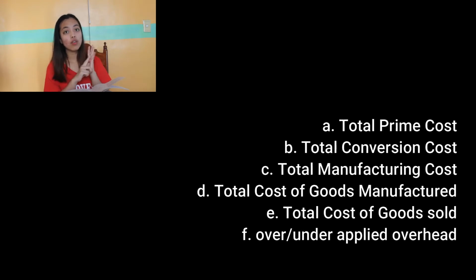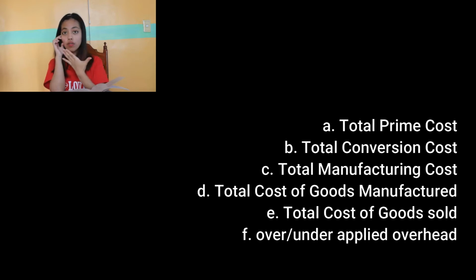Then, total cost of goods manufactured: this is our total manufacturing costs, add total beginning inventory and deduct the ending inventory of the work in process to get the total cost of goods manufactured.